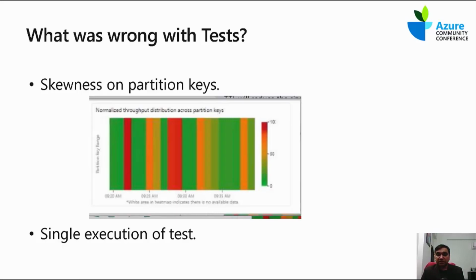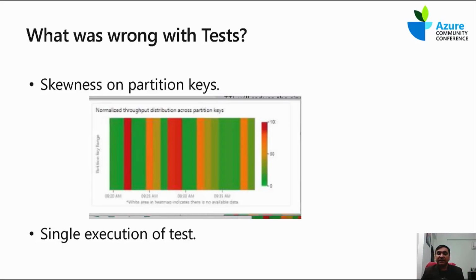I think it's not good. You can bombard, but don't capture it in the first few executions. You can skip at least two executions, and from the third execution onwards, start capturing the numbers. That's one of the important things I wanted to share.